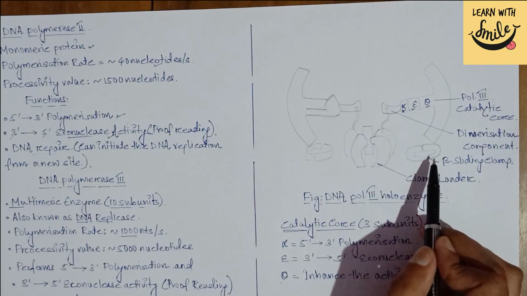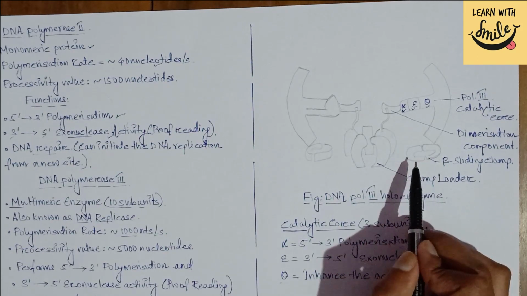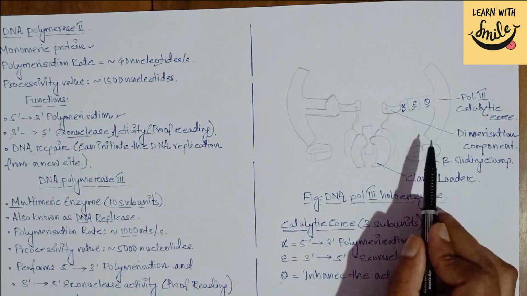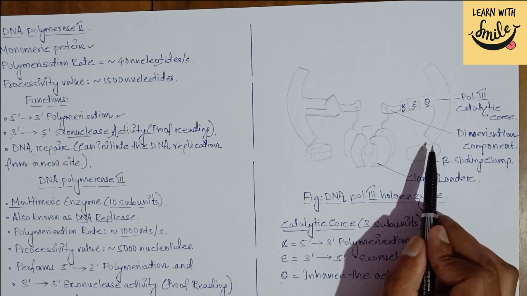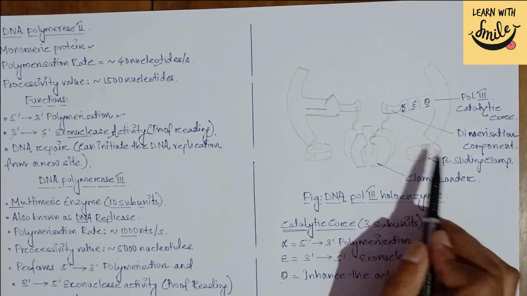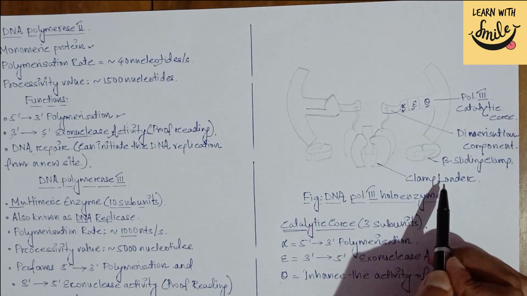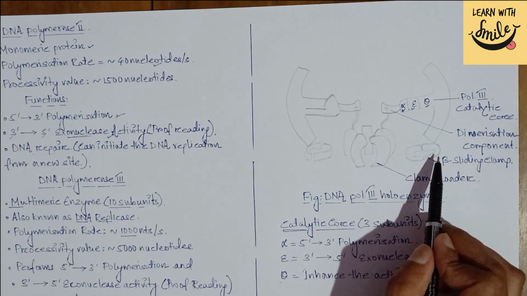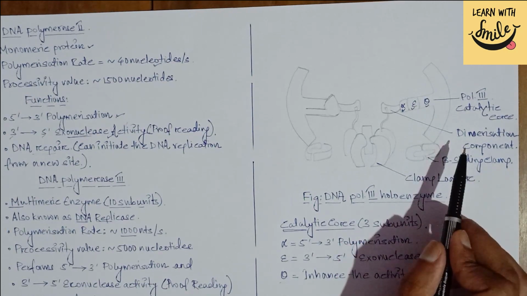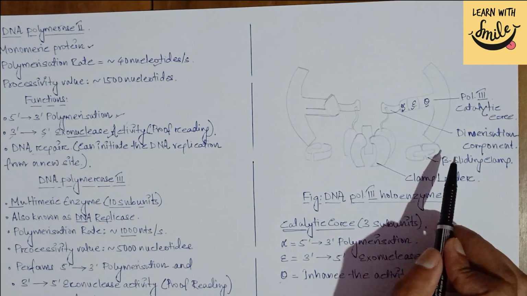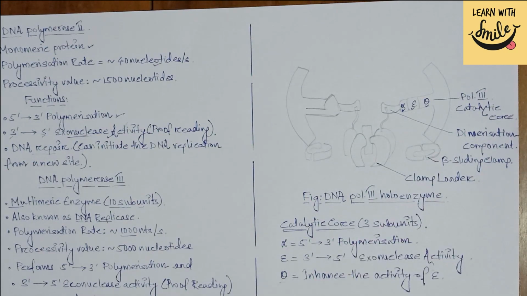Though this helps in sliding of the DNA polymerase on the template strand, prohibiting its separation from the template strand, it is always the clamp loader which helps load the sliding clamp onto the parental strand, thereby executing the process of DNA replication smoothly.